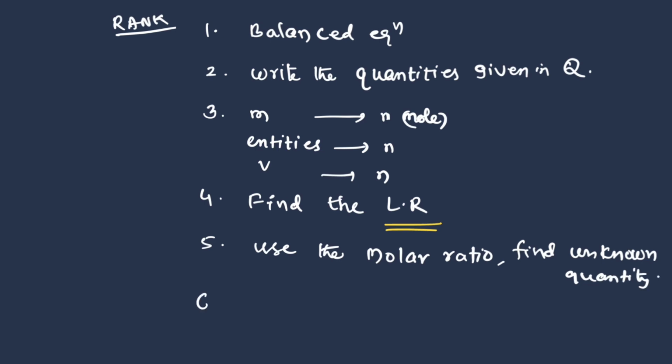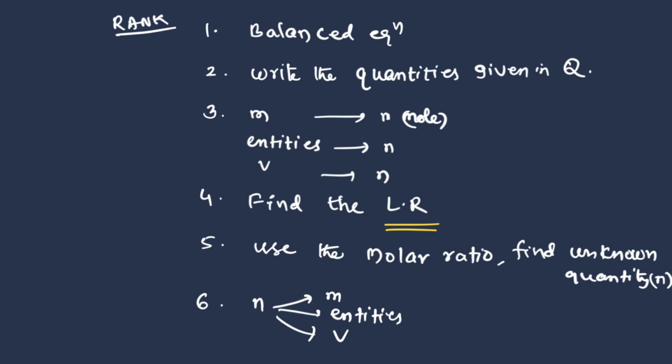Then sixth, by using the molar ratio we will find out moles only. So the unknown quantity is mole only. From this mole, we can convert back to required mass, entities, or volume. So this is the way of calculation for any problem.